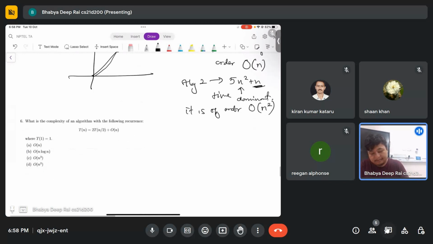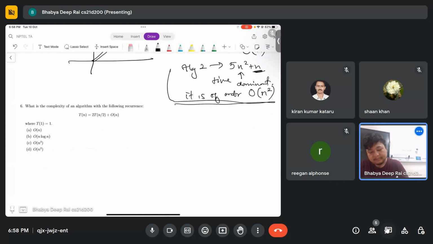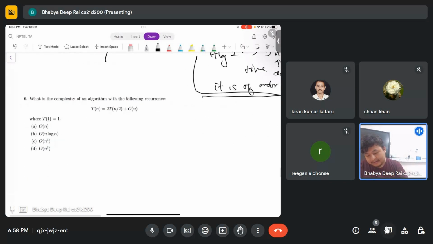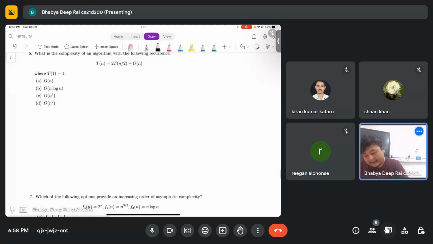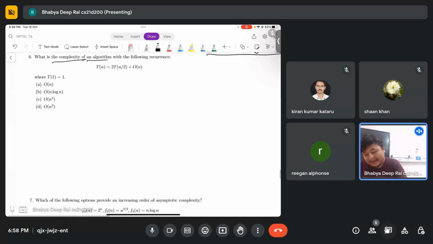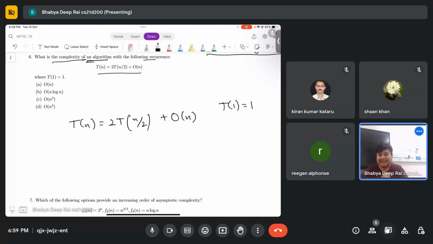Okay, so continuing. Let us look at the following recurrence. What is the time complexity of an algorithm with the following recurrence? T of n equals 2T of n by 2 plus order n, and T of 1 equals 1. This is a recurrence for a popular algorithm.